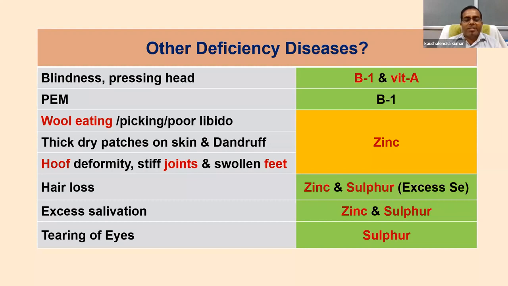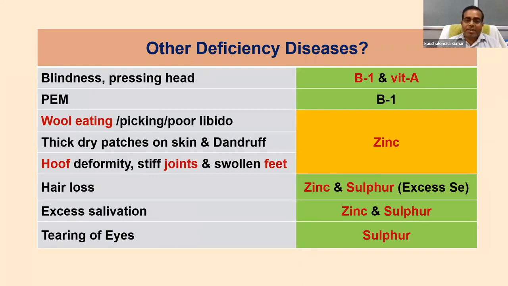So these conditions are directly and indirectly associated with zinc deficiency. So we should take care, as the soil of most of the places in our country is deficient in zinc, and we must supplement zinc in the diet of small ruminants.